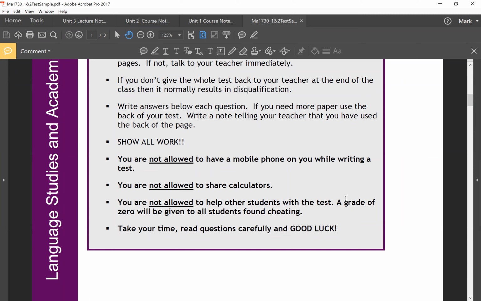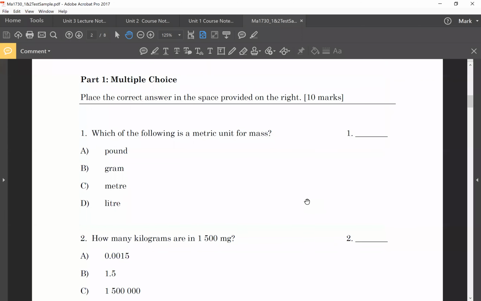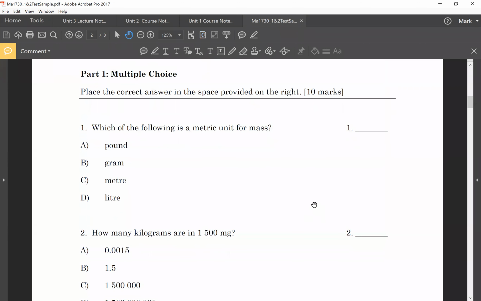You cannot share calculators, especially during COVID. We're not sharing pens, pencils, or calculators. You cannot use a mobile phone, and of course you're not allowed to talk, but you know that anyway. It's really important that you bring your own calculator to the exam room.